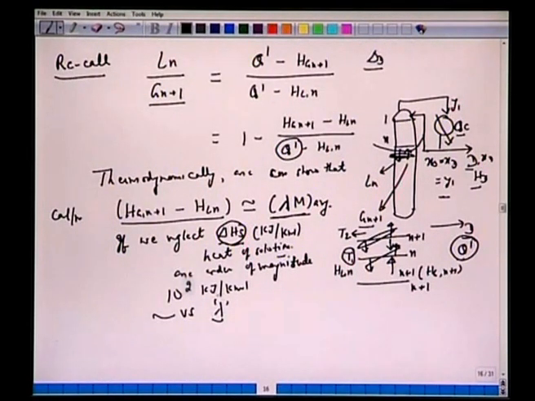So although the latent heat of vaporization will change with temperature or composition, this quantity is very large, 10 to the power 4 kilojoule per kilomole.